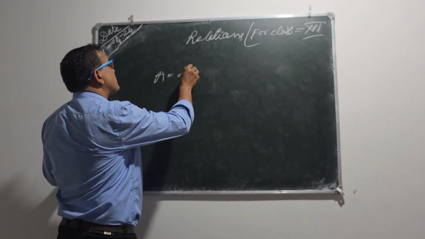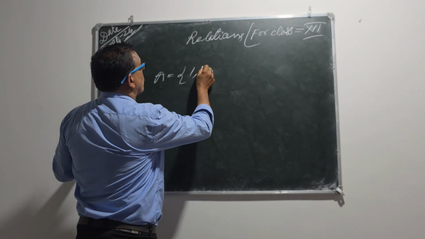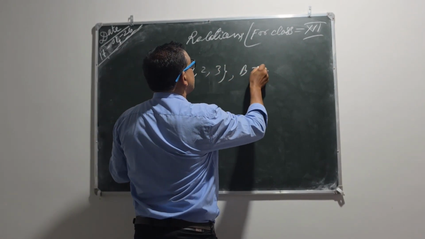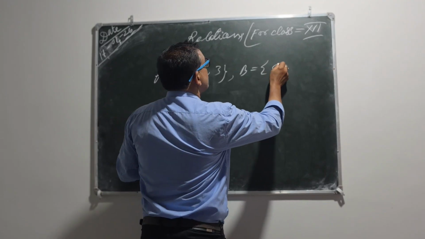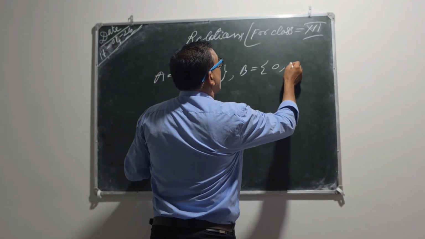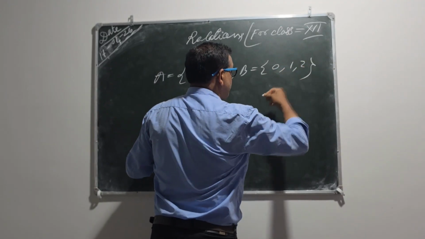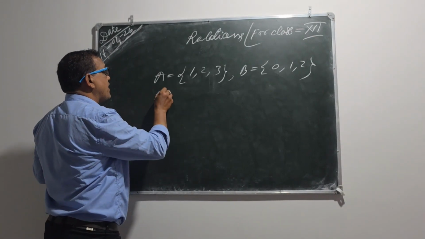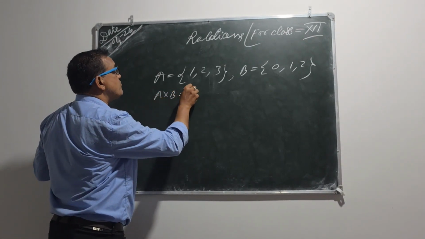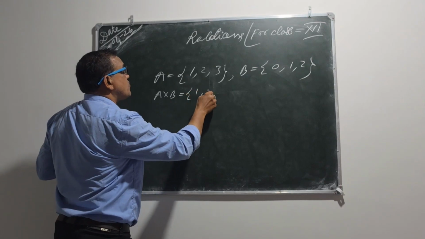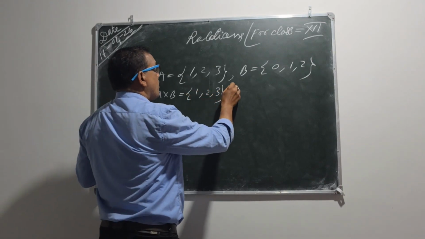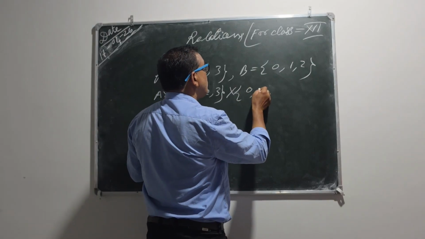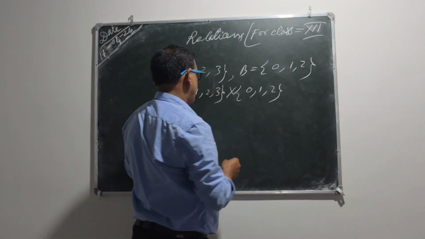See, A is a set with elements 1, 2, 3, and B is another set with elements 0, 1 and 2. Now if we want to cross multiply, then A cross B will be equal to {1, 2, 3} cross {0, 1, 2}.